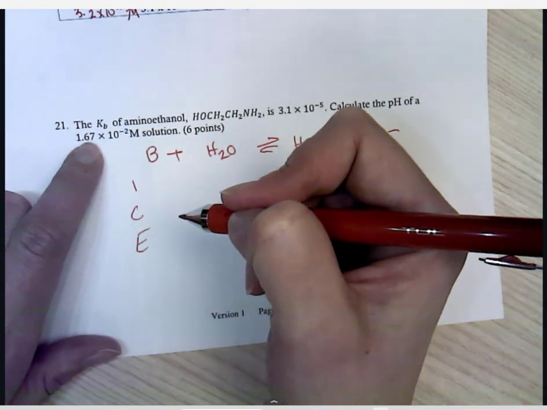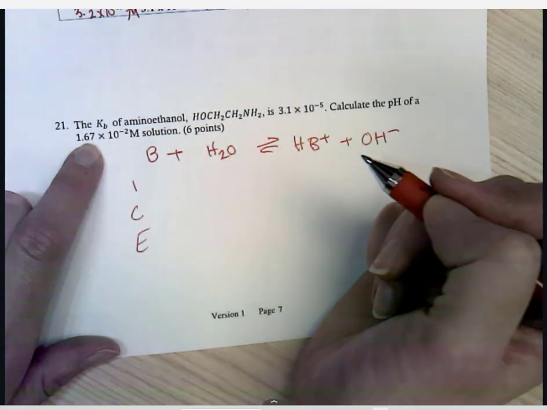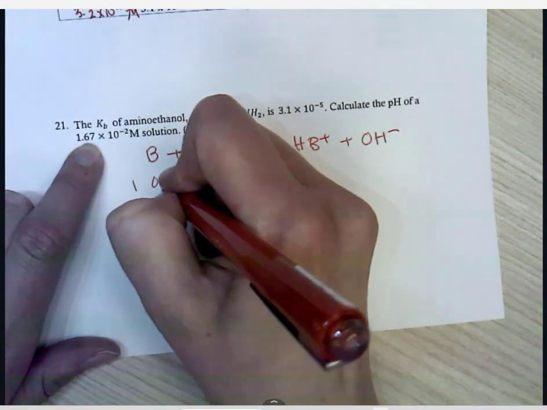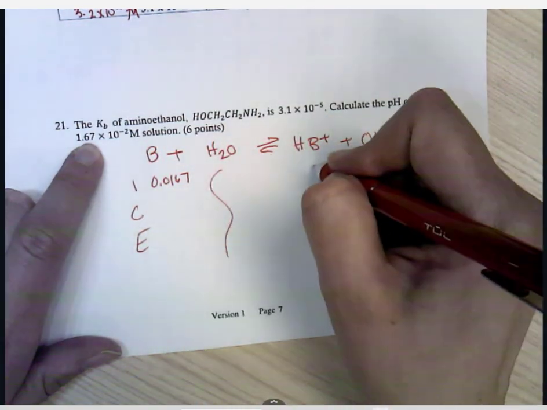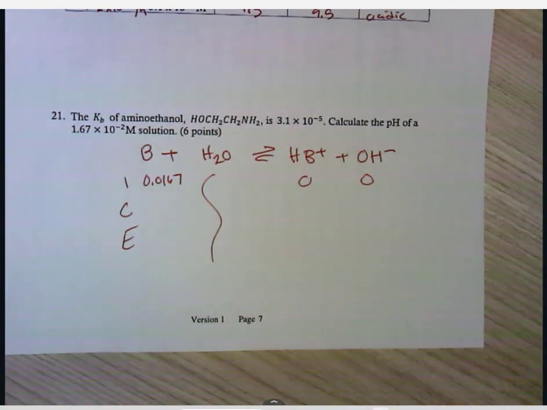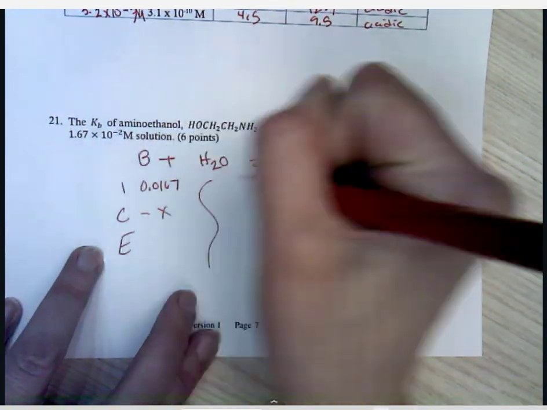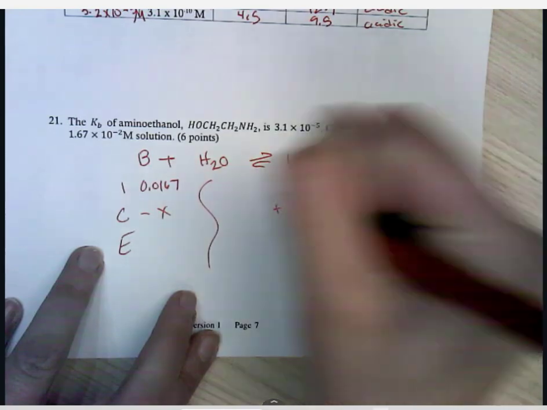So this 1.67 times 10 to the minus 2, that's my original base. That's my solution. Water I don't care about, and my other stuff I don't have any of. It doesn't say I have any of those ions, so I don't. All right, then I do minus x, plus x, plus x.